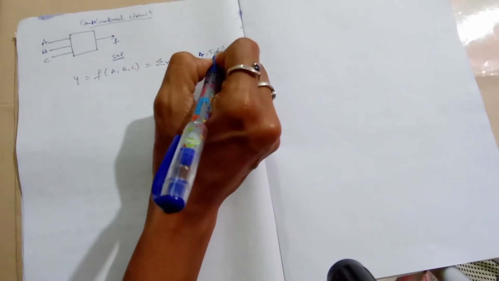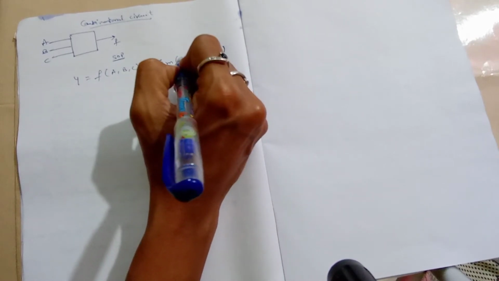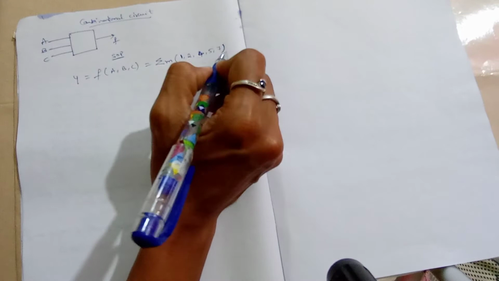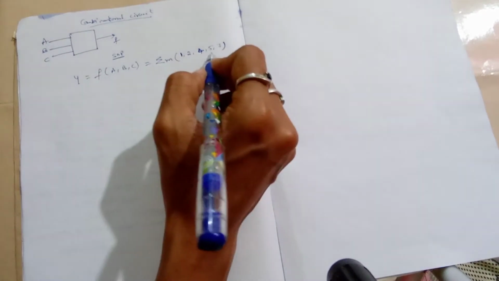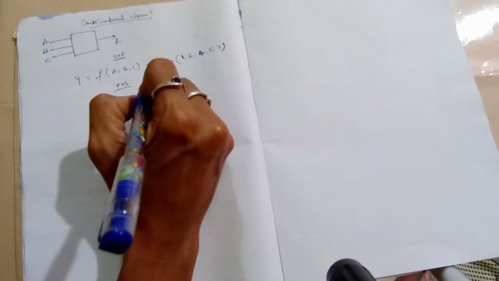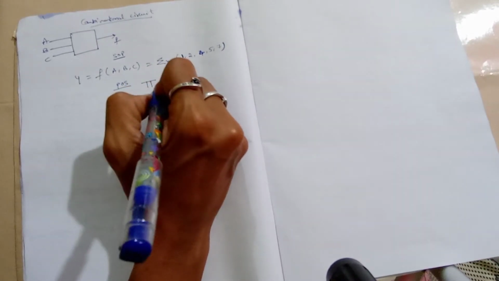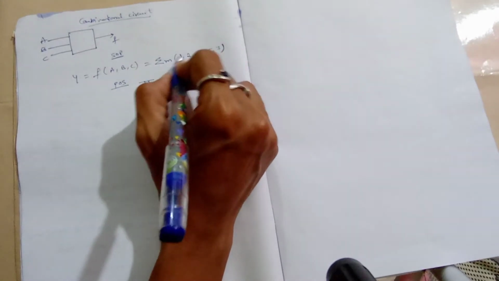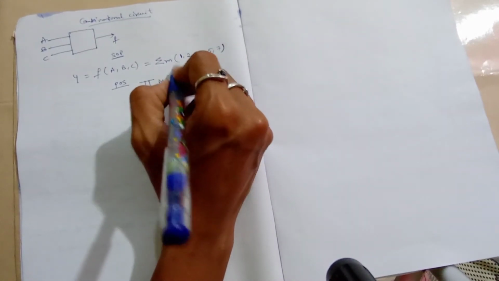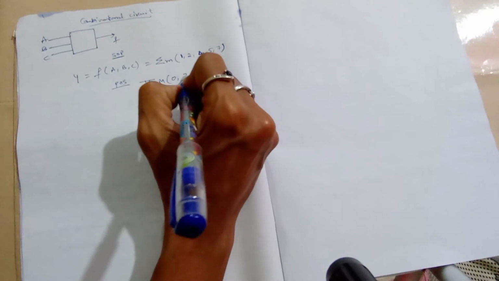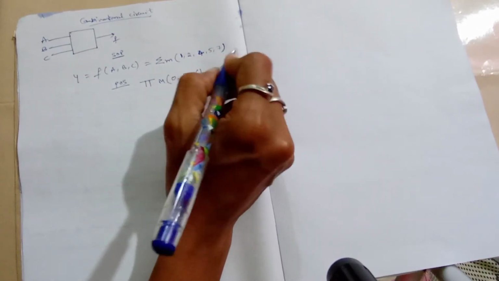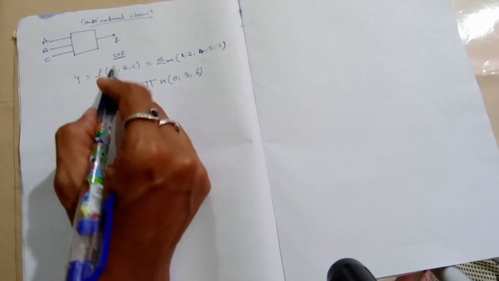That means for these terms the output will be high and for remaining 0. Same, this can be written in terms of POS, that is pi of capital M max terms, capital M, and what are all the remaining terms here, that is 0, 3 and 6. Okay, this is how to write the SOP and POS.